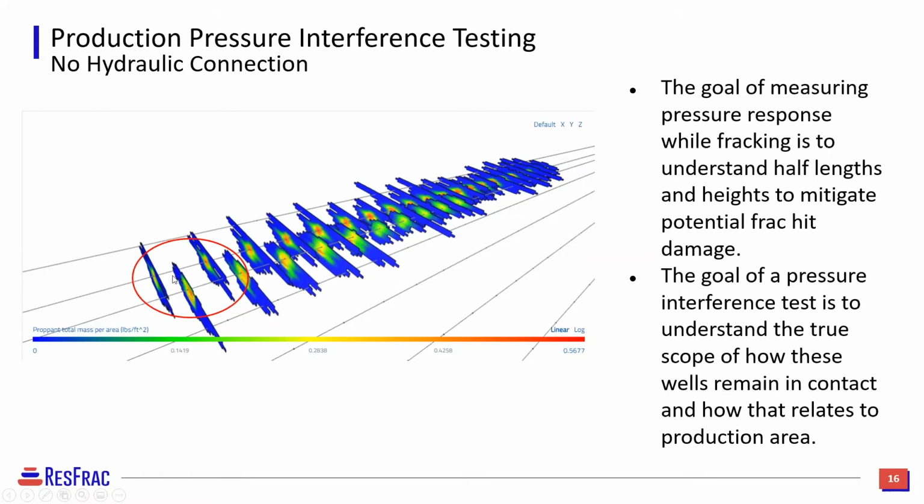Well, this well and this well are 800 feet apart. Do we really think we're going to get proppant all the way over there? Maybe, but more than likely not. So what are some different scenarios that we can understand in order to get that interference testing to look like what we saw in the field?